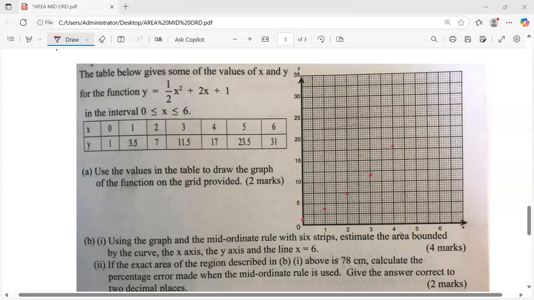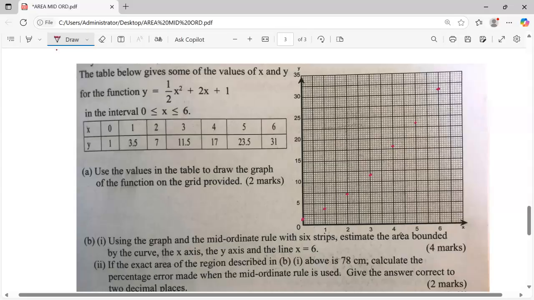When x is 4, y is 17. And when x is 5, y is 23.5. We have 23.5 at this point here. When x is 6, y is 31. 6, 31 is at this particular point here.